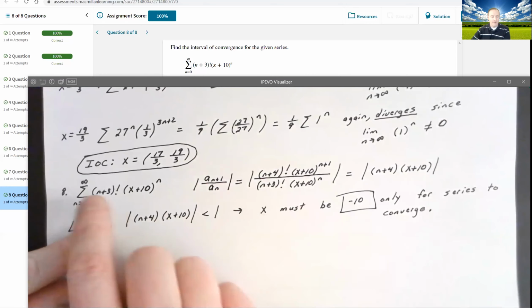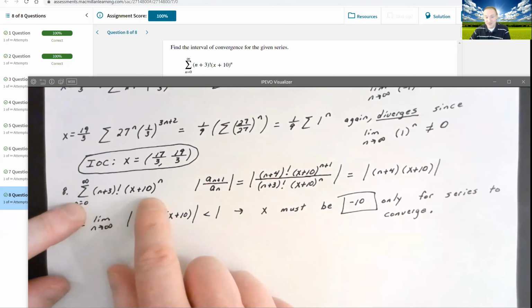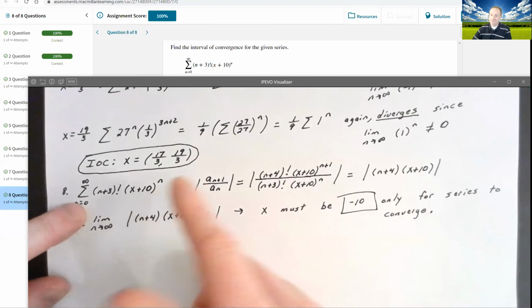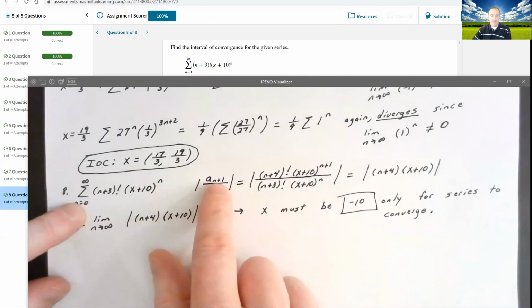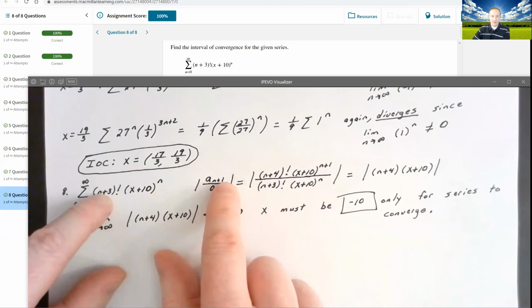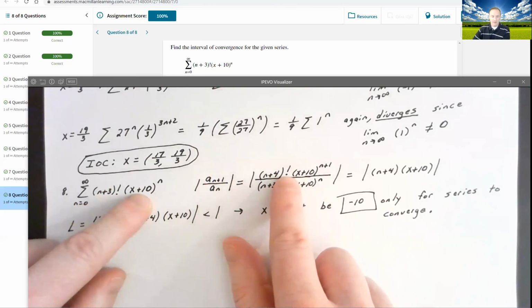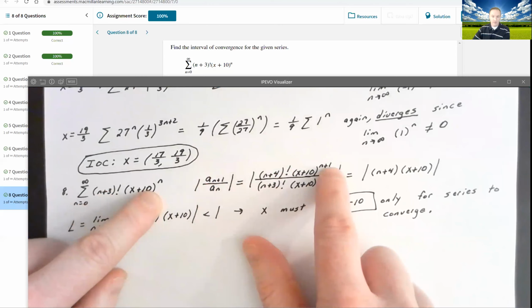We have the series (n plus 3) factorial times (x plus 10) raised to the nth power. So you say, okay, ratio test, a sub n plus 1. All right, if I plug an n plus 1 in for that n, that's going to give me n plus 1 plus 3, or n plus 4, factorial times (x plus 10) to the n plus 1 power.